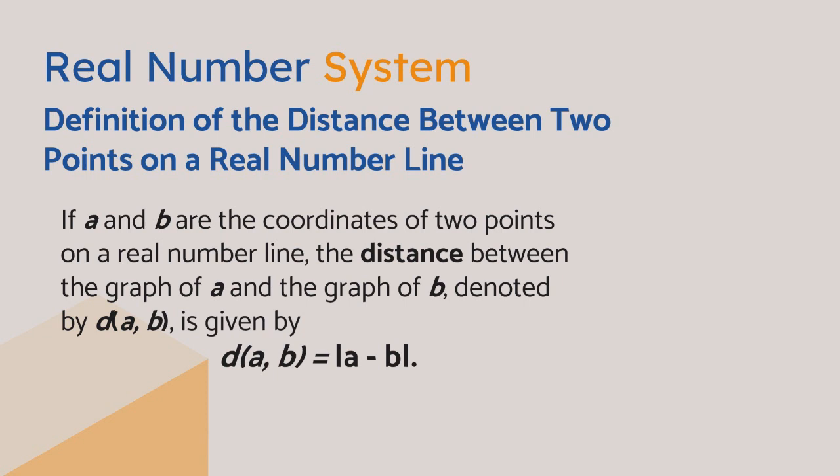So let's say if A and B are the coordinates of 2 points on a real number line, then the distance between the graph of A, which would simply be an oversized point because a point doesn't have a dimension but in the graph you'd make it bigger than usual so that it's easily seen, and the graph of B, you can denote by writing the letter D and enclosing A and B inside a set of parentheses.